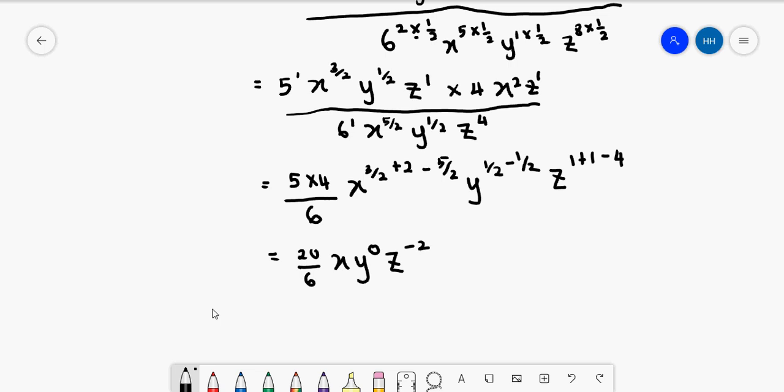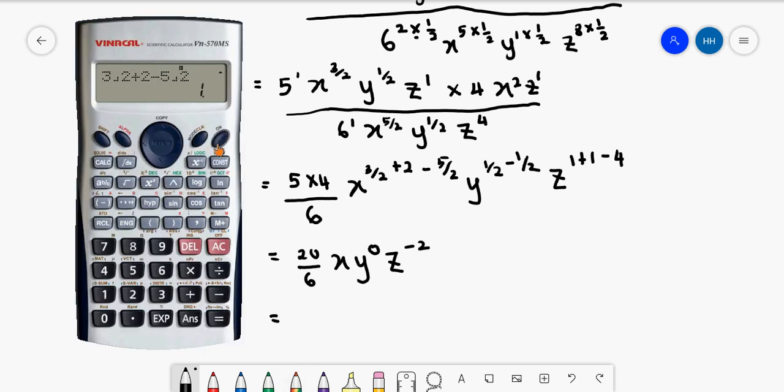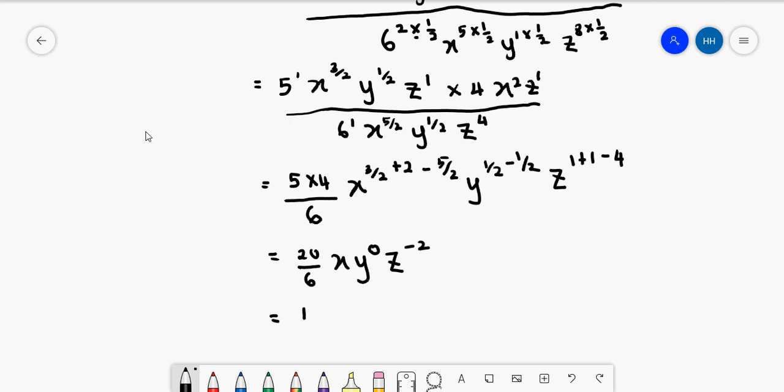Okay, so now equals to, you simplify 20 over 6. You press 20 divide 6 equals, press shift and then fraction, 10 over 3. So this is 10 over 3. For x, it is power positive 1, so you put here beside 10. y power 0 is equals to 1, so you don't have to write.